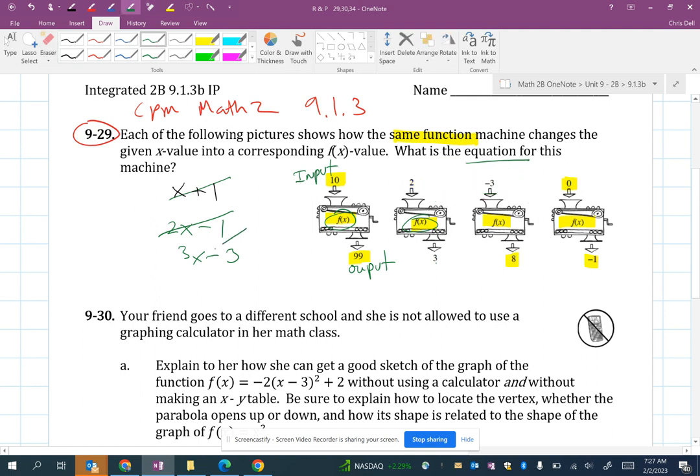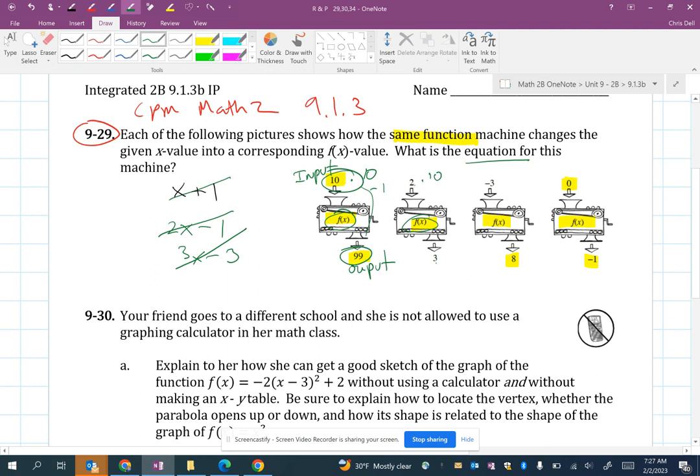So, all right. Maybe it's not linear, because if I look at this 10 and 99, to get to 99 is a big leap, right? I could say 10 times 10, and subtracting 1 would give me 99. 100 minus 1, right?